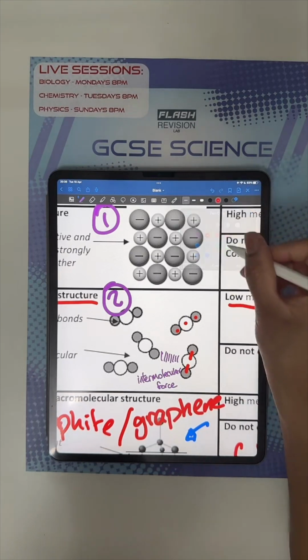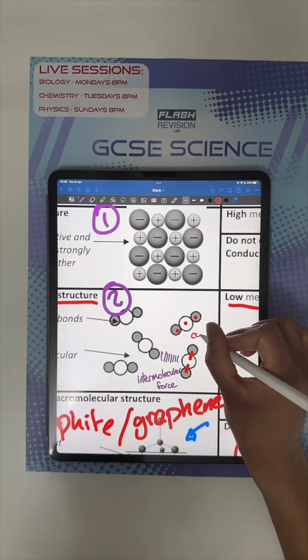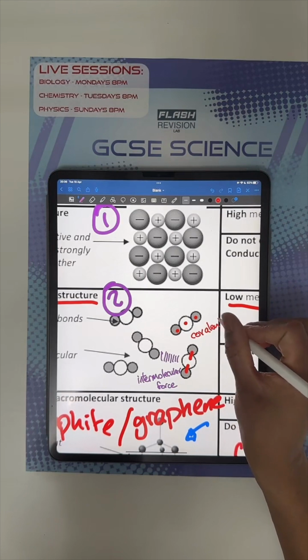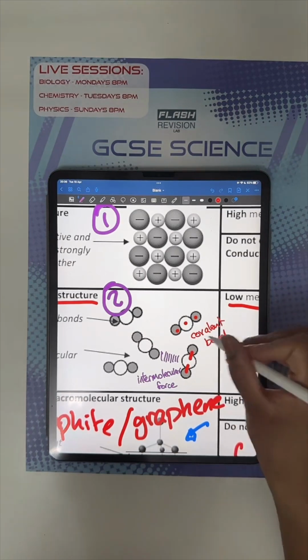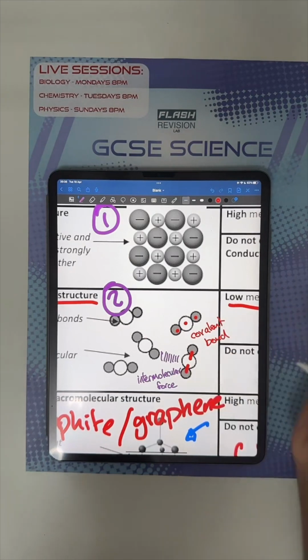When you're melting these, you're not trying to break the covalent bond, you're only trying to break the intermolecular forces. These are weak, remember? Covalent bonds are strong. That's why they have low boiling points.